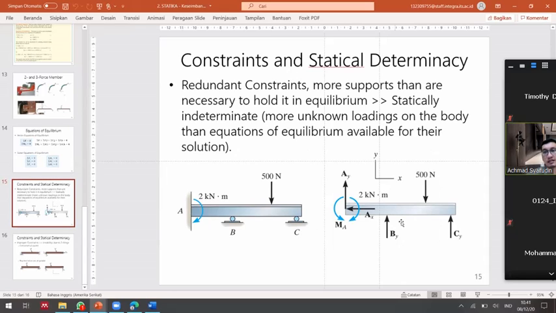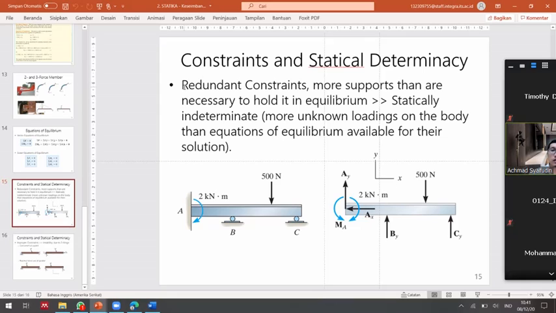Yeah, this is the closer slide to explain determinacy. There are two causes for a structure to become determinate or indeterminate.